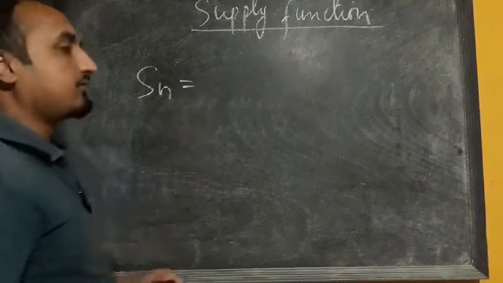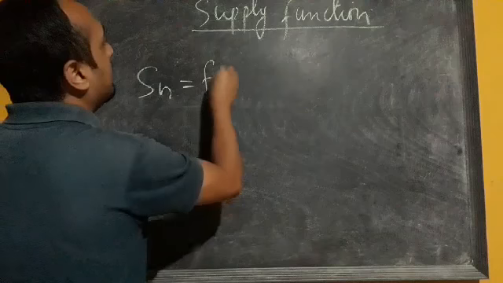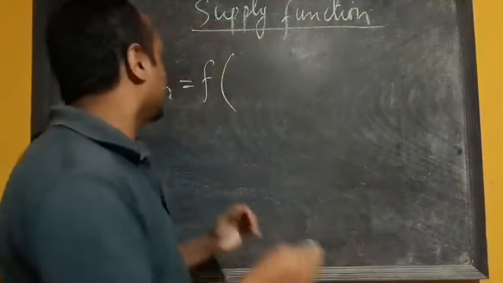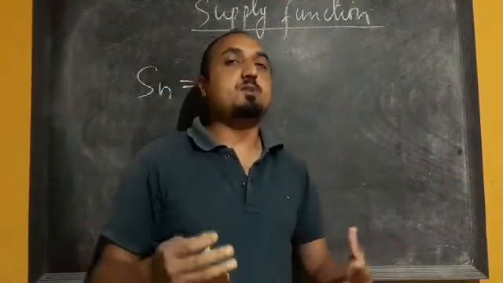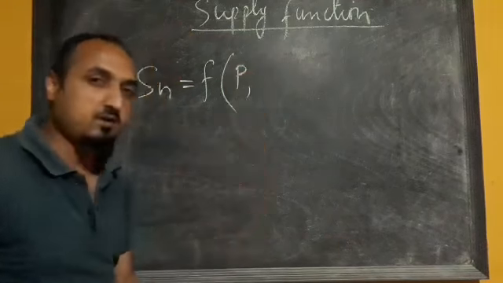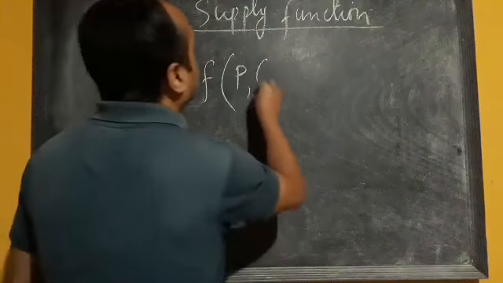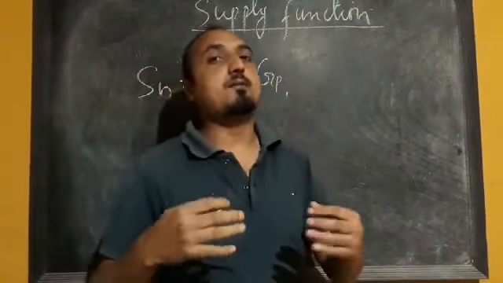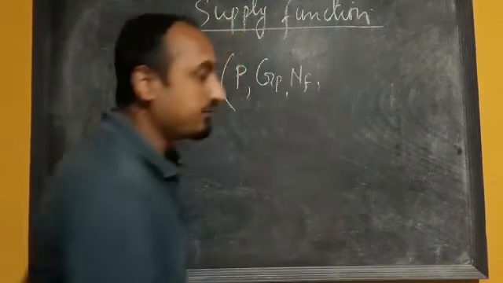Sn means supply of n number of commodities. Supply of a commodity depends on various factors. So it shows the functional relation between supply and its determinants. So we know that the determinants of supply may be the price of a commodity, maybe goals of the producers. Then we have natural factors, let's represent that by NF.